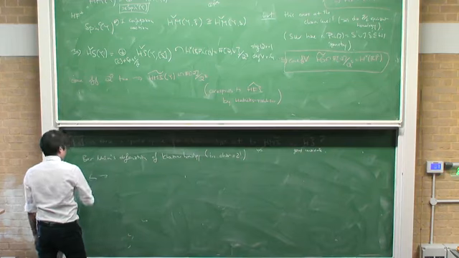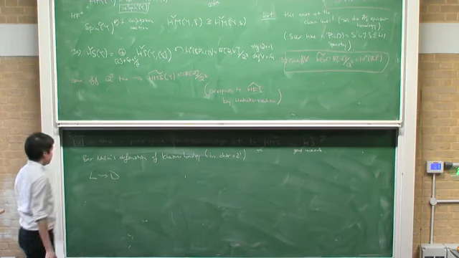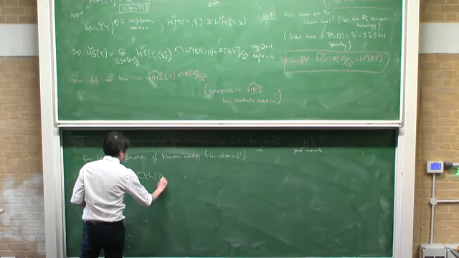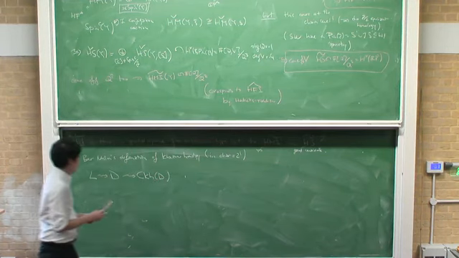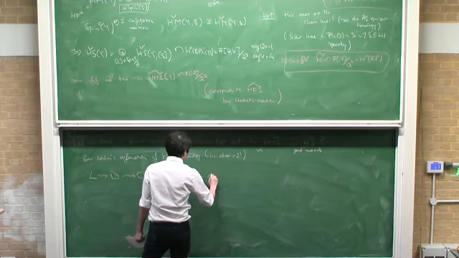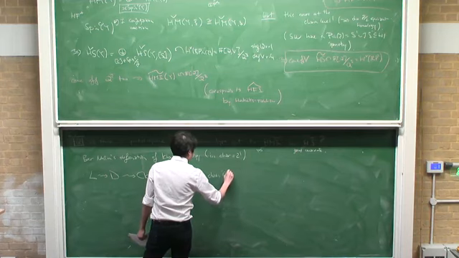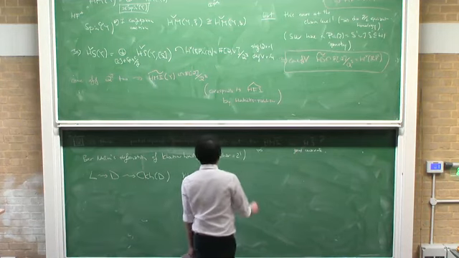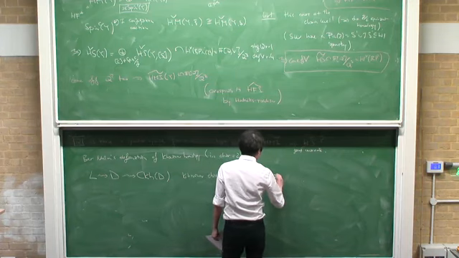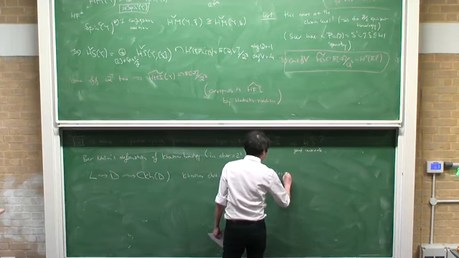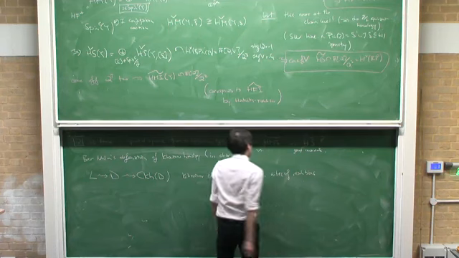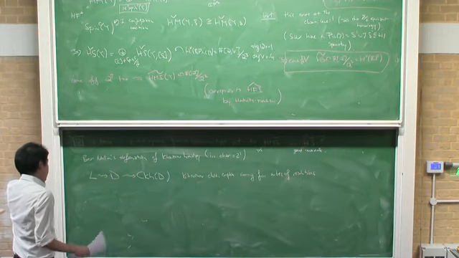To a link, Khovanov associates a diagram, and from this diagram you can cook up the Khovanov chain complex, coming from the cube of resolutions.